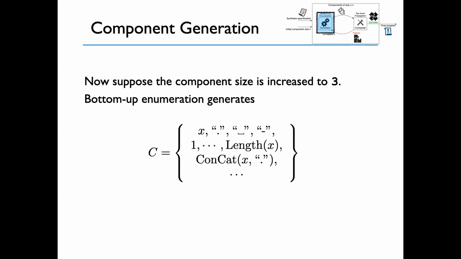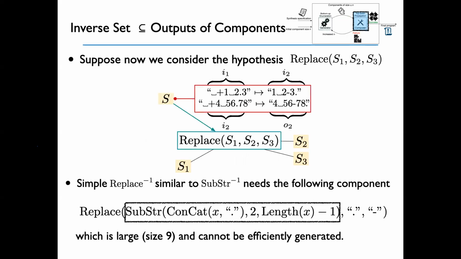Because we failed to construct a solution out of the components, we add more components. Suppose we've added components whose sizes are smaller than or equal to 3. Suppose we are now based on the hypothesis of string replacement, and we attempt to generate examples for the argument expressions.